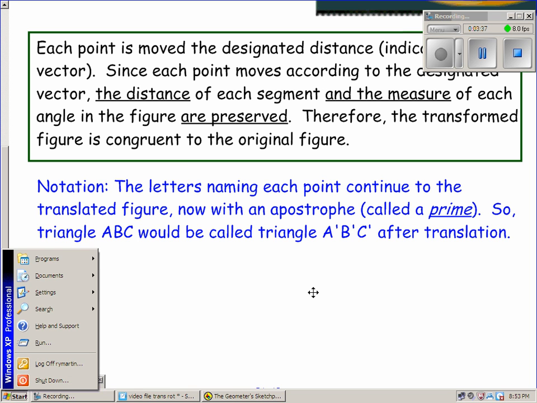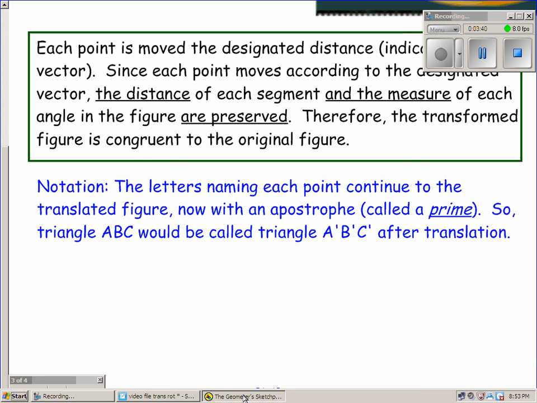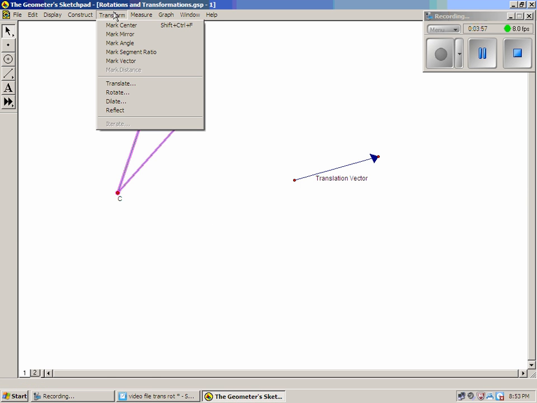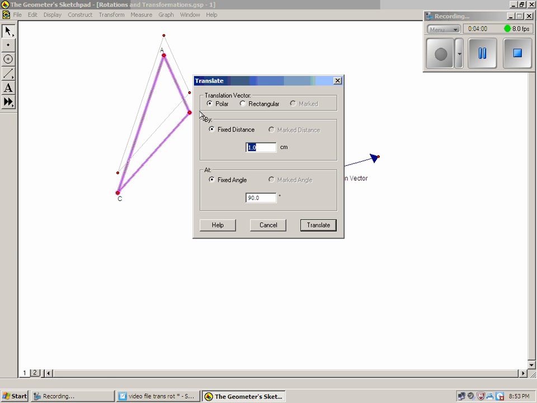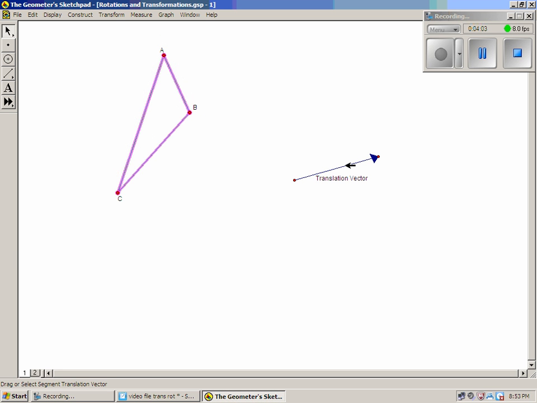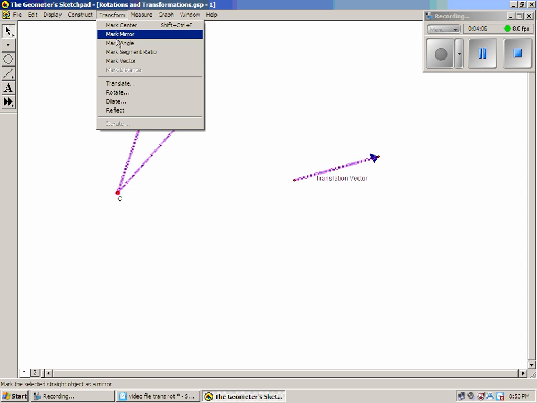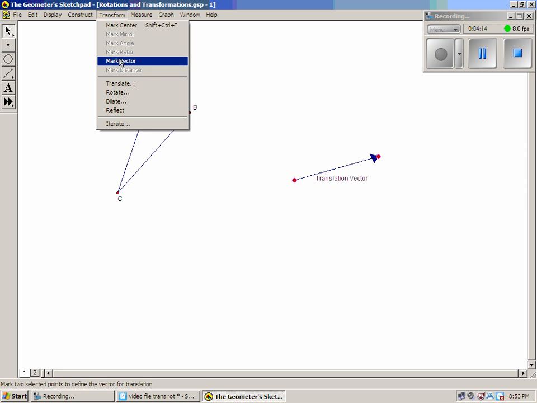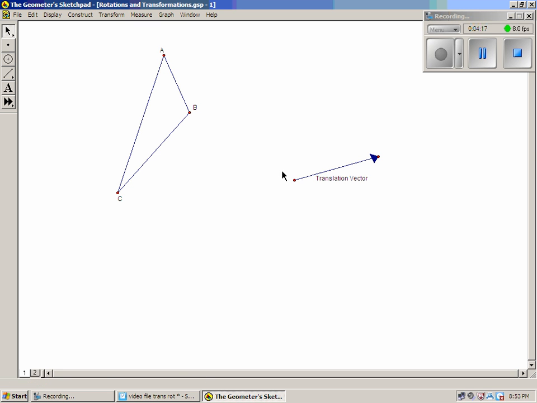All right, let me take a moment here and show you exactly what we're talking about. So I have triangle ABC right here, and I've marked a translation vector, and we're going to go this distance from here to there. So if I select all of figure ABC and choose to transform it, let's mark that vector first. There we go, and it marked it for us.